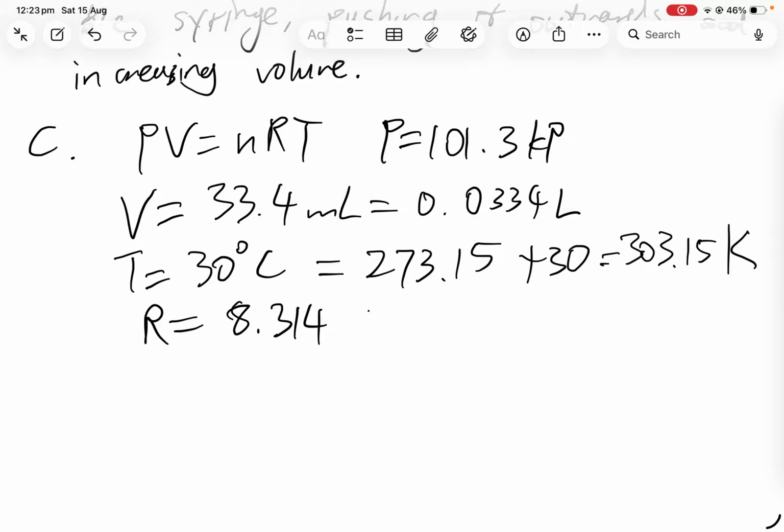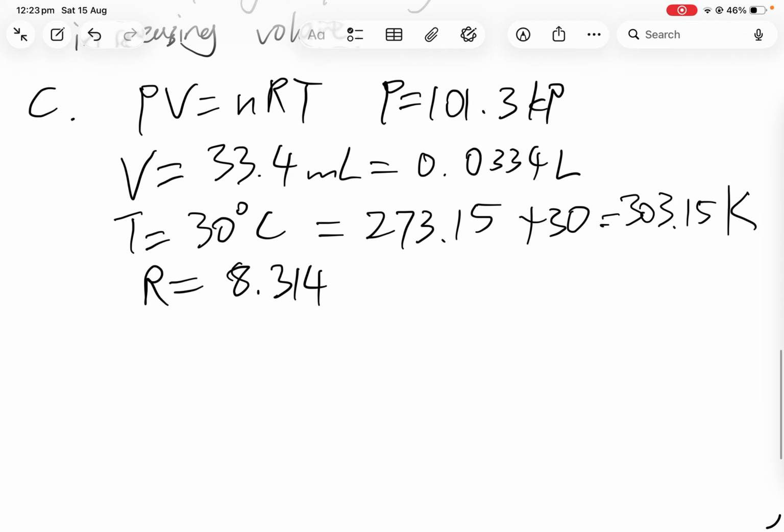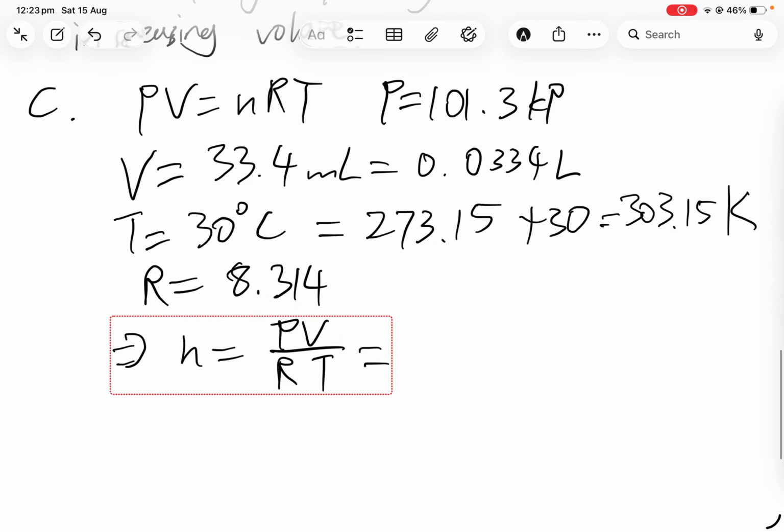Oh well, that's just a constant. So that means n equals PV over RT, which I think is sufficient working out.